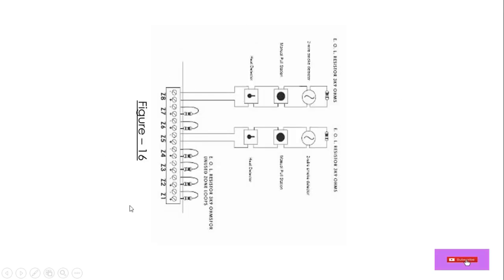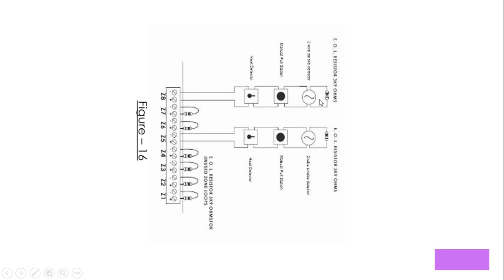Here you can see how to do the wiring of the conventional fire alarm system. This is zone 8, where we have plus and minus circuits. From this terminal, two wires are terminated, one from plus and one from minus. This is a heat detector, this is a manual call point, and this is a smoke detector.